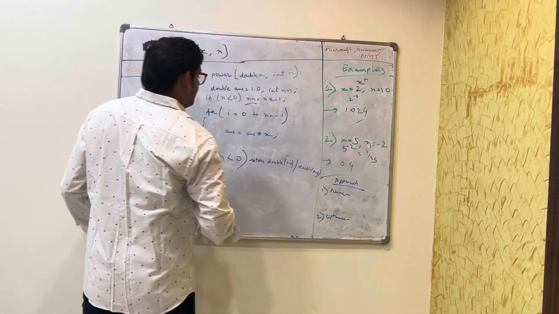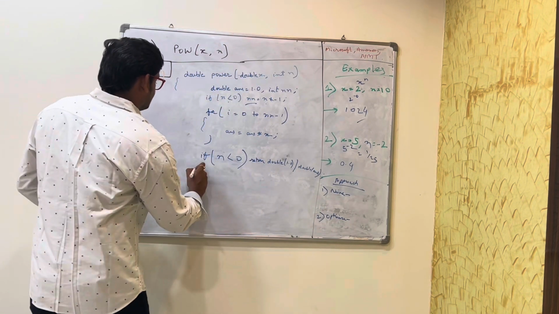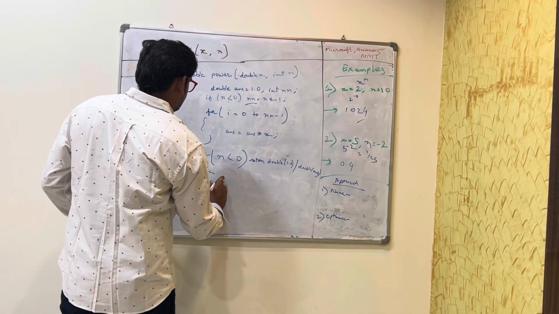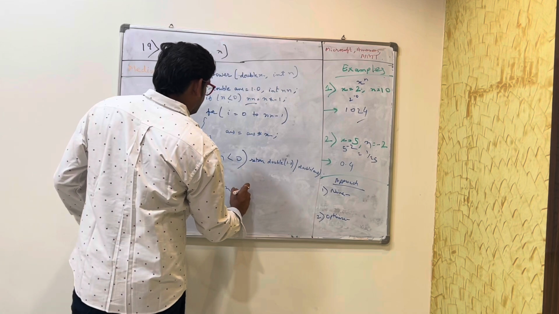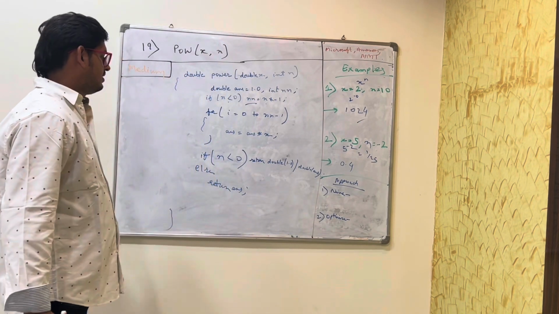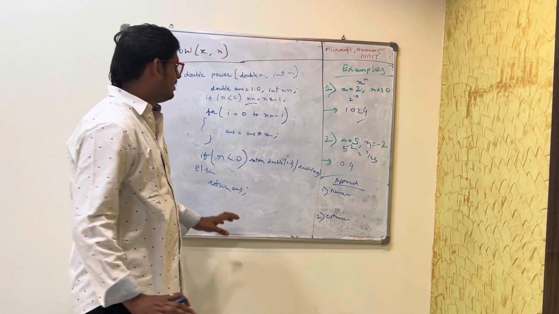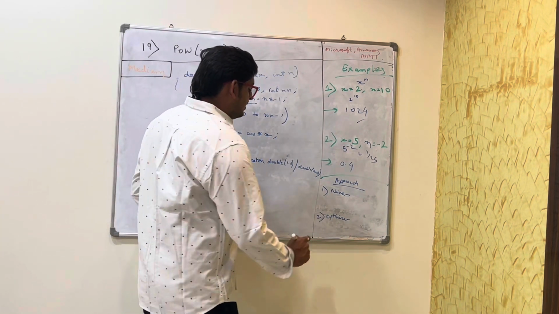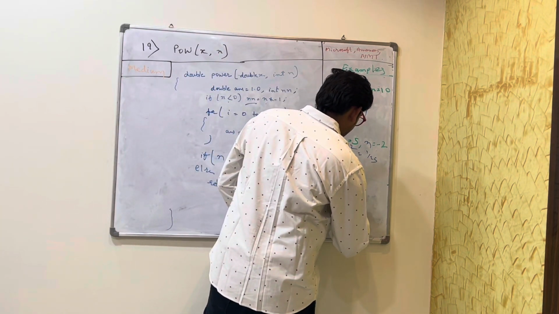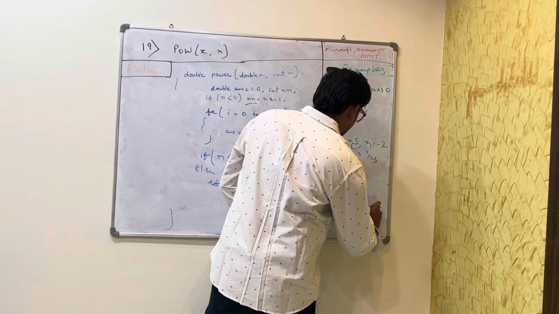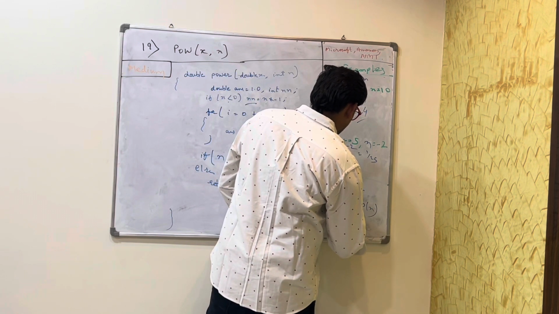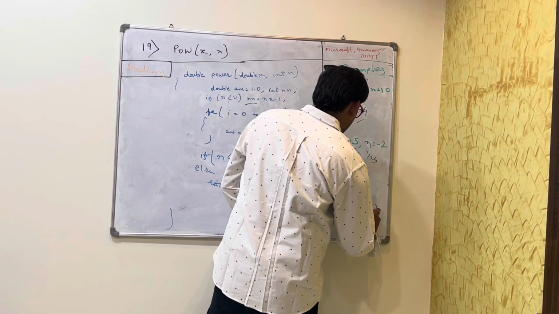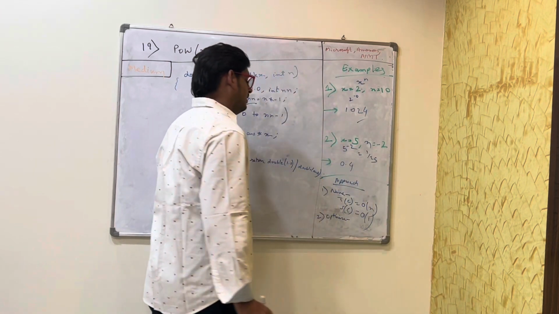This would be our answer. Else we will return answer directly. Right? Simple. So what is the time complexity? The time complexity is order of n. We are traversing it once. We have not taken any extra space, so space is O(1). Simple.